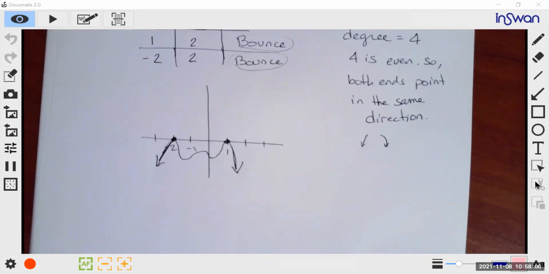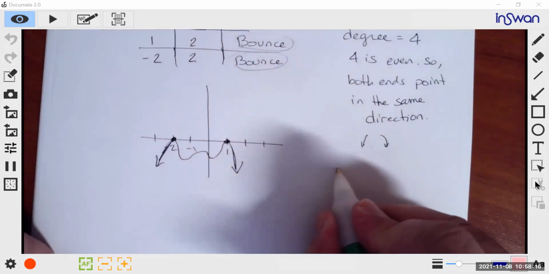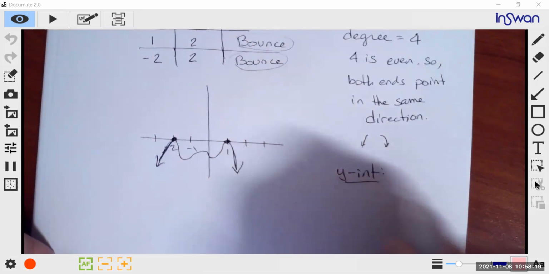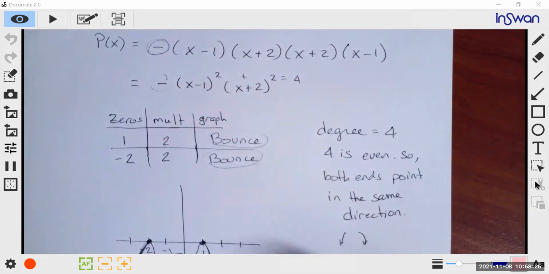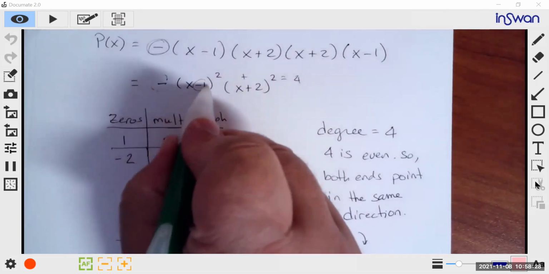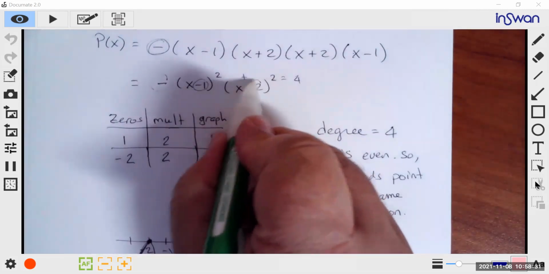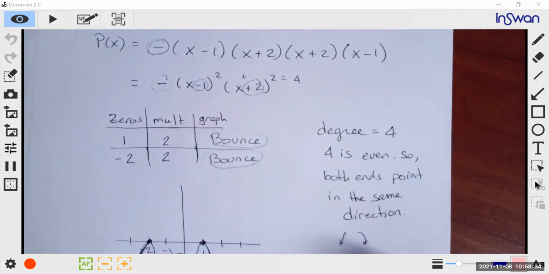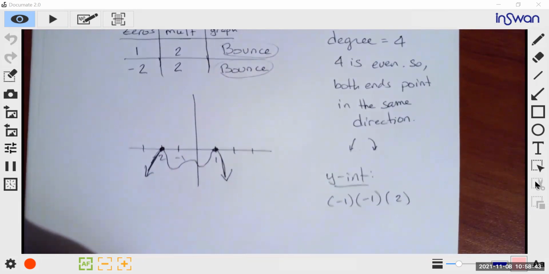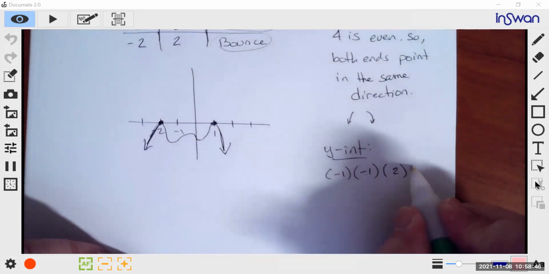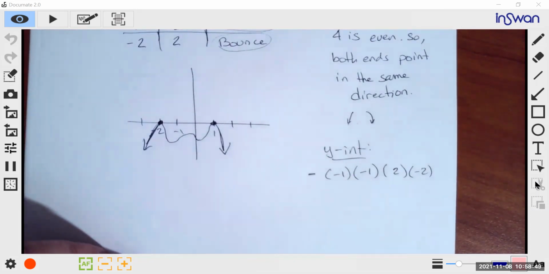So it looks like, what's our x-intercept or our y-intercept? The y-intercept, we have a -1, a -1, +2, and there's a negative out front.